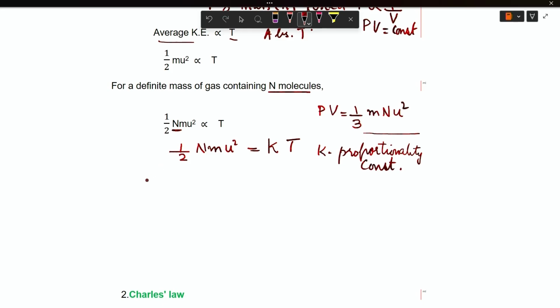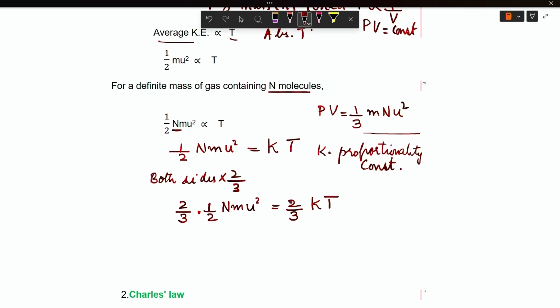So what I am going to do is multiply both sides by 2/3. This 2 will get cancelled and the 3 will come over here. So, 2/3 times 1/2 N m u² will be equal to 2/3 times kT.